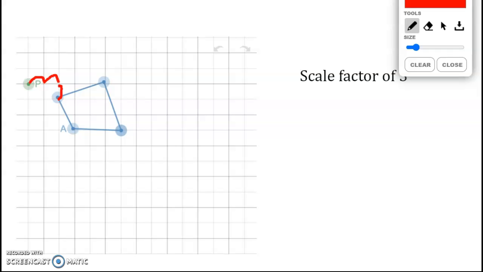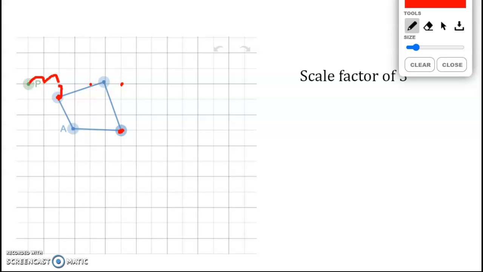So with a scale factor of 3, instead of moving 2 to the right, I am going to move 2 times 3, which is 6. 1, 2, 3, 4, 5, 6. And then instead of going down by 1, I am going to go down by 3. So this point corresponds to this point. This is my new point.